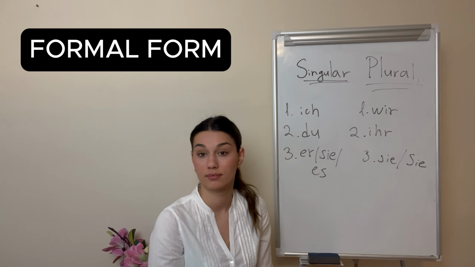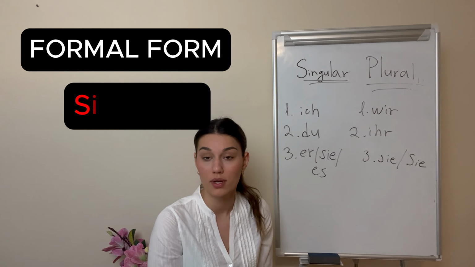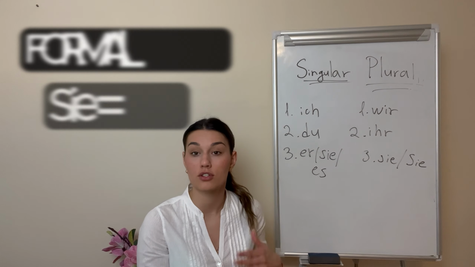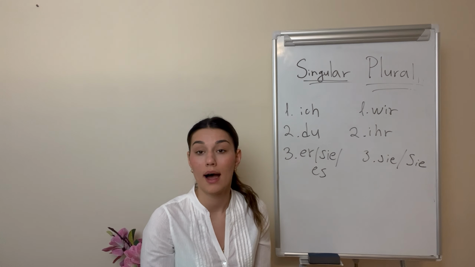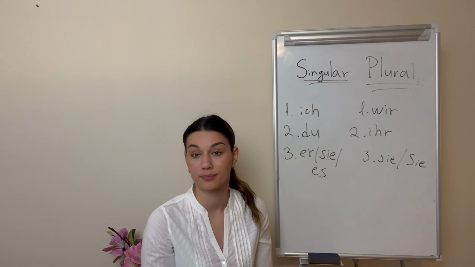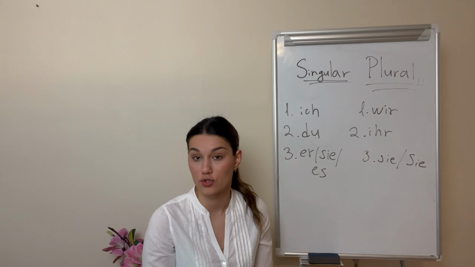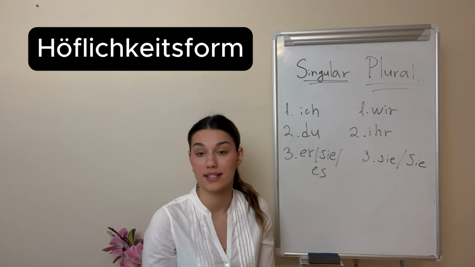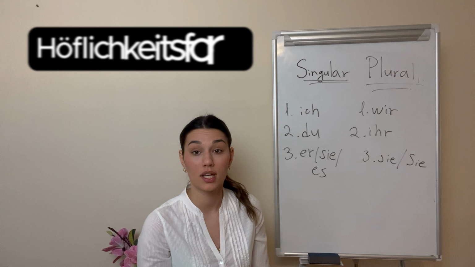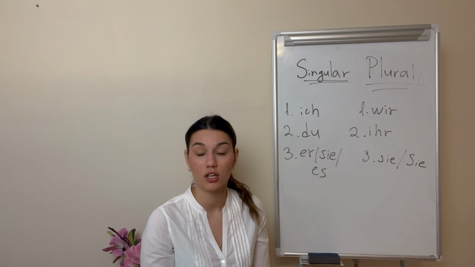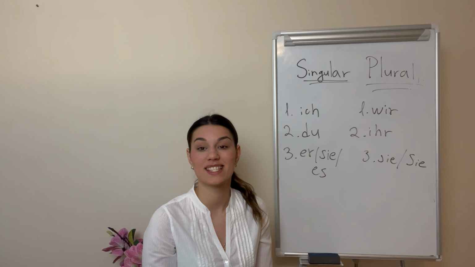Sie. That means, of course, you, but when I'm talking to a professor, teacher, or older people, I will use this formal form. We call this, in German, Höflichkeitsform. Can you try to repeat after me? Höflichkeitsform.